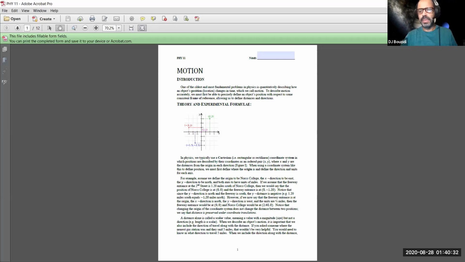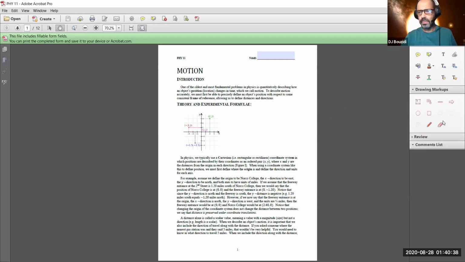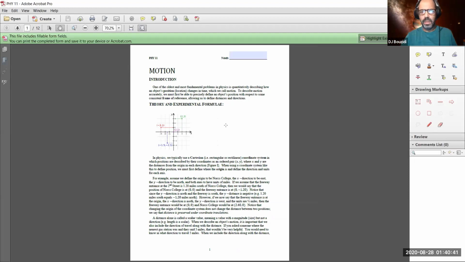Okay, so basically, let me explain a little bit what this is, okay? Let's say, for example, this is the plane with which we want to find stuff on it. The plane is a surface, okay?